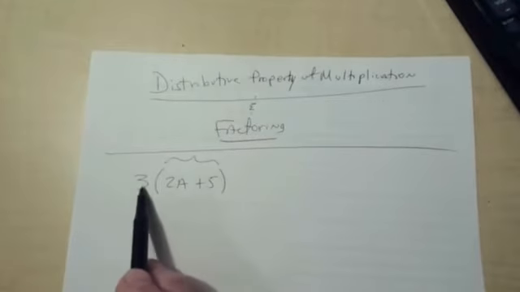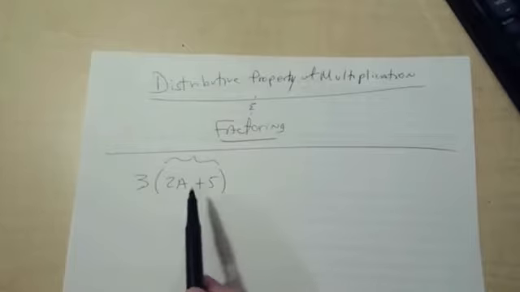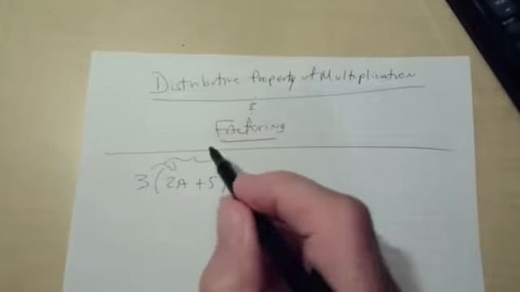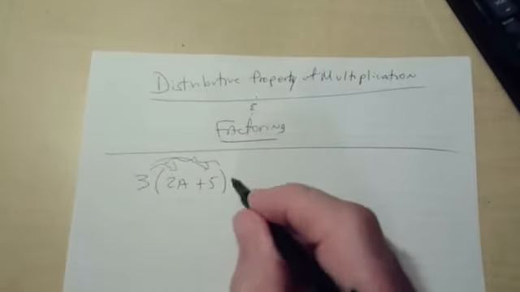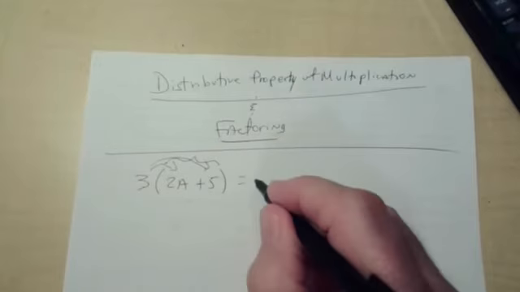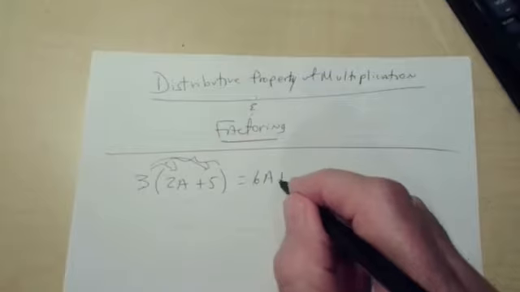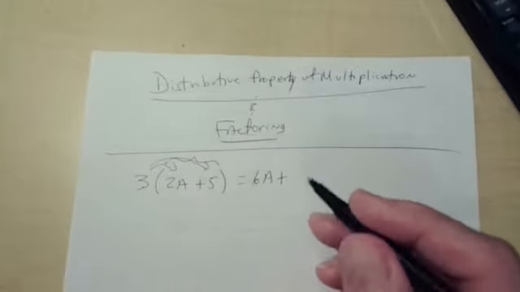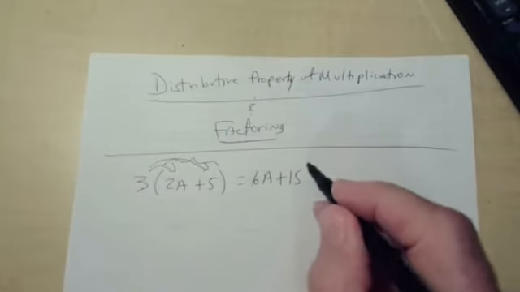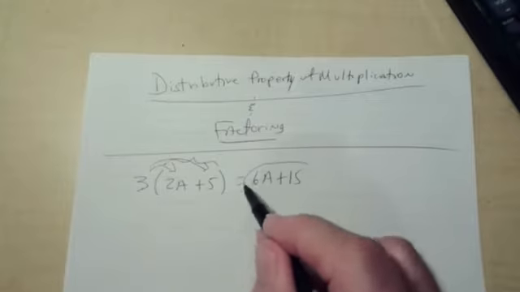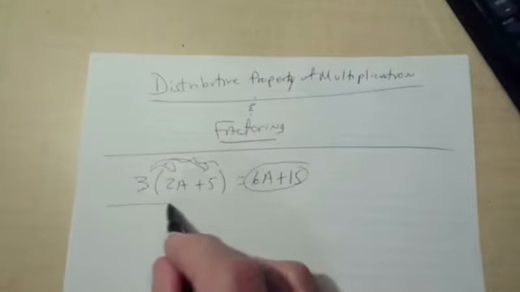So we're going to multiply 3 times everything inside here: 3 times 2a and 3 times 5. 3 times 2a is 6a. 3 times 5, don't forget the plus in here, is 15. There's nothing else we can do here. These are not like terms.